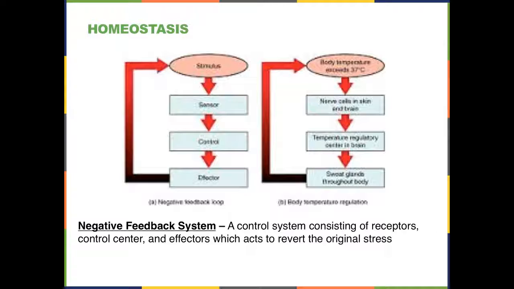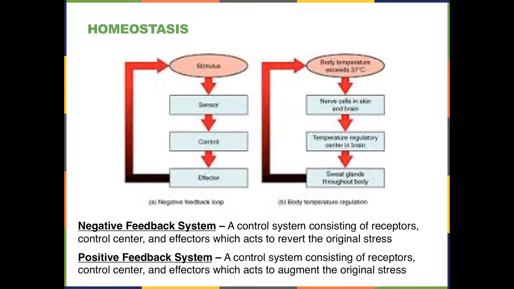If the stress is a lower blood pressure, it will seek to raise the blood pressure. If the stress is a low oxygen level, it will seek to raise the oxygen level. In all of these situations, the control system works together with the control center and effectors to revert or change the original stress back to normal.